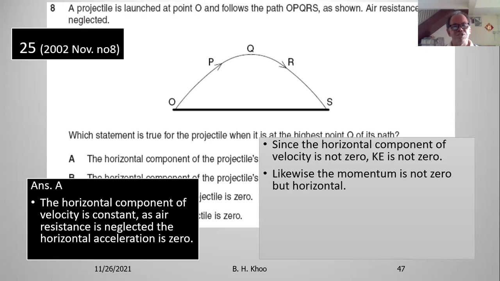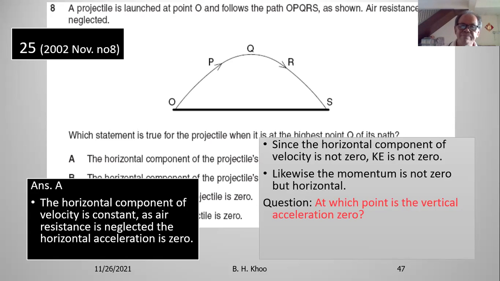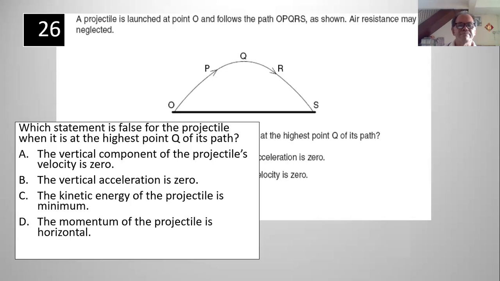Likewise, momentum is not zero because horizontal velocity has a value. At which point is the vertical acceleration zero? Any suggestion? No, it doesn't switch off. It's always there, so no answer. G is constant at all points. It's always downwards.